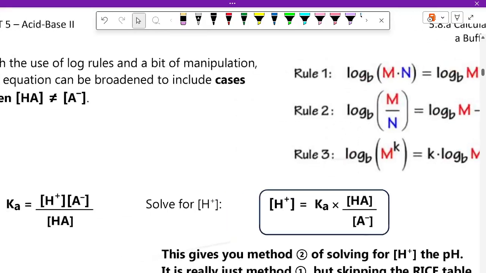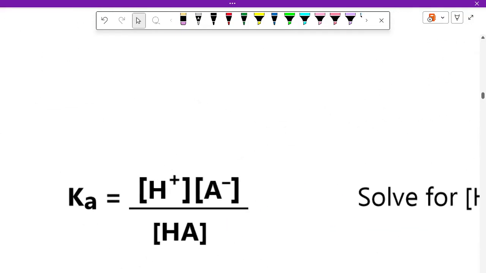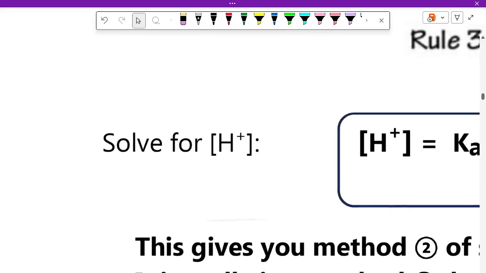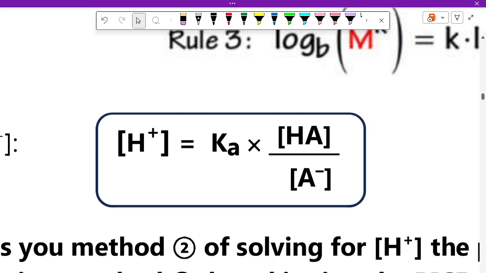We're going to take our Ka expression and solve it for H. When we solve for H, we get H is equal to Ka times, and you notice we have this term here that contains our weak acid and its conjugate base.